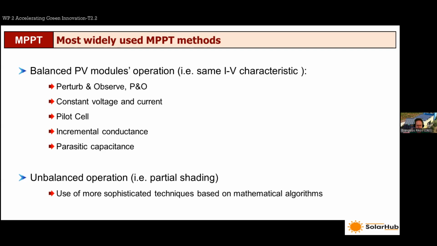In order for the MPPT algorithm to be able to detect a situation like that, more sophisticated techniques are used. We won't be seeing these techniques per se, but only the problem.